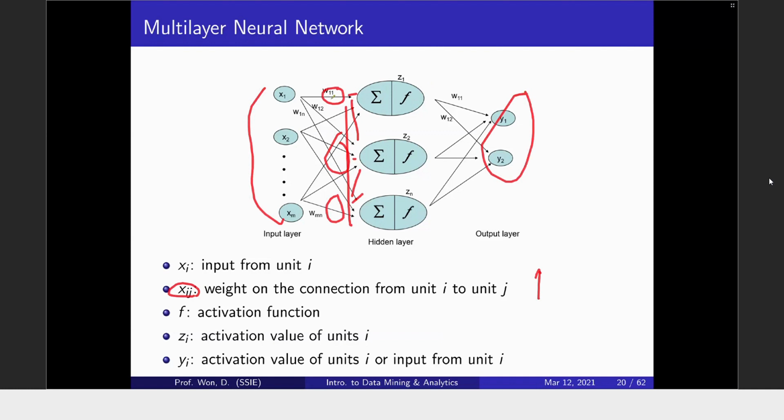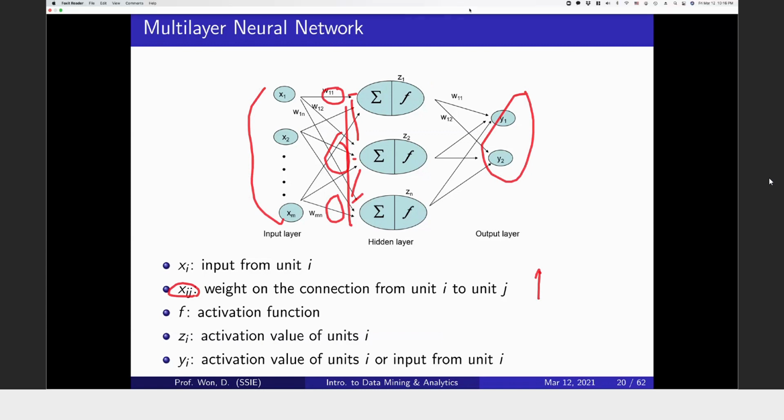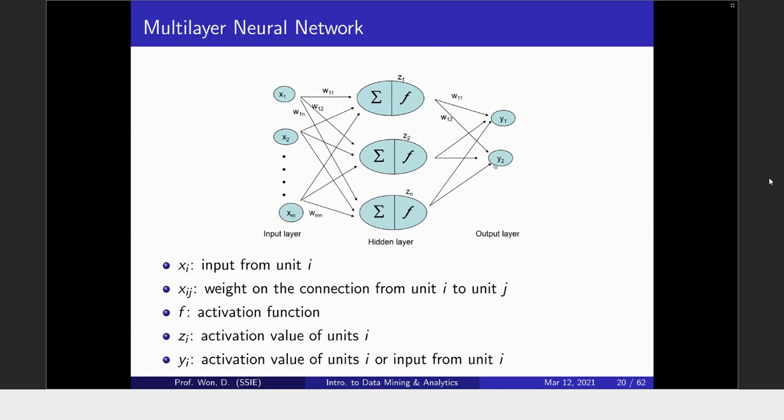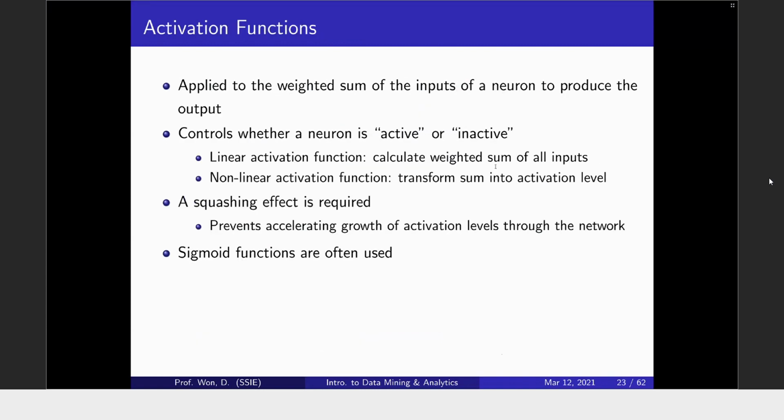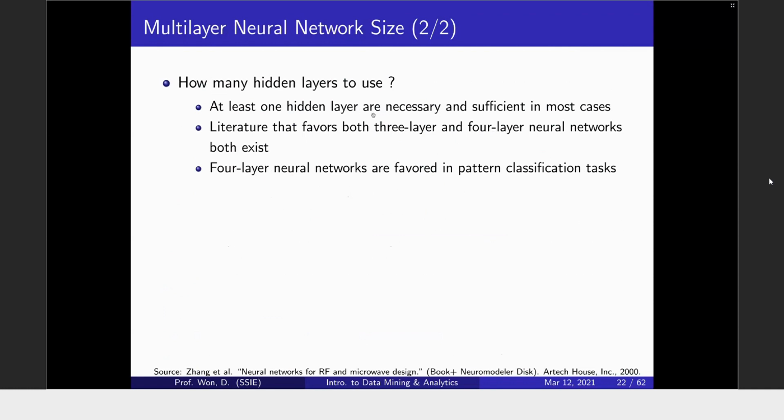The model is very complicated, but practically one layer is necessary but insufficient in most cases, right? But these days, some very complicated processes, something like image processing, right?